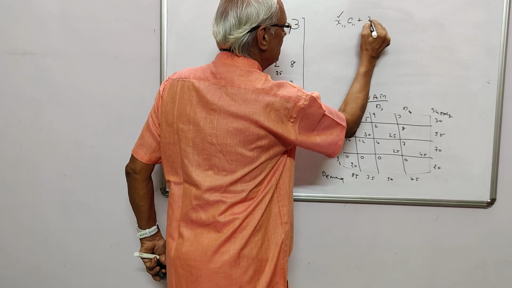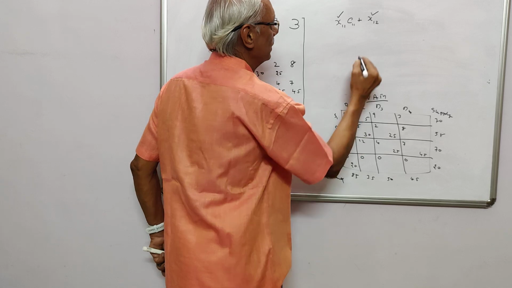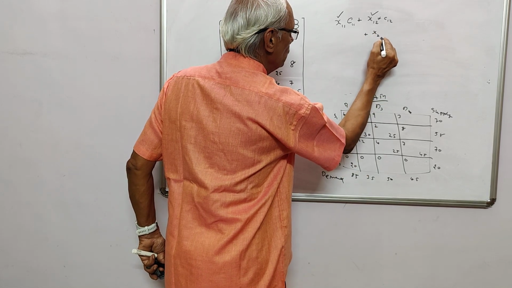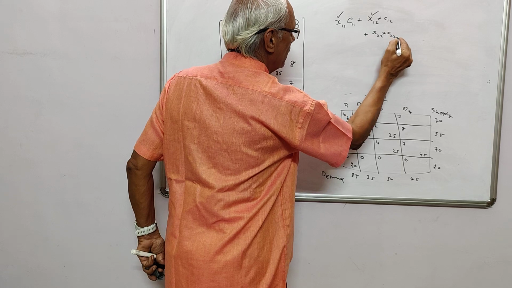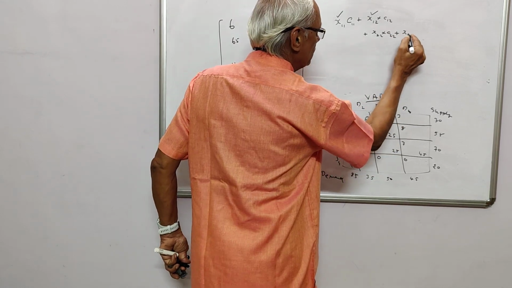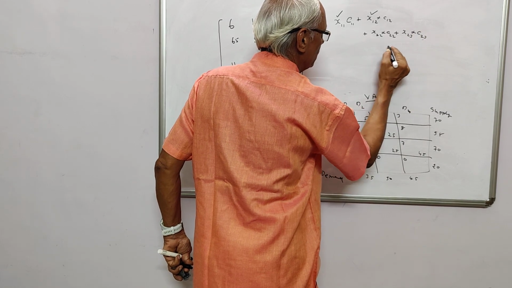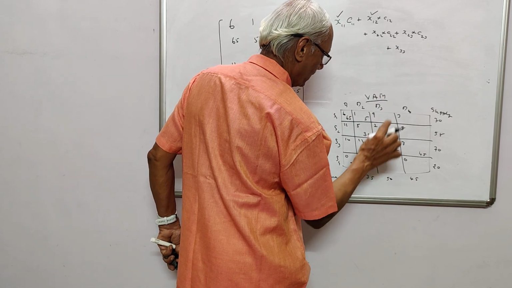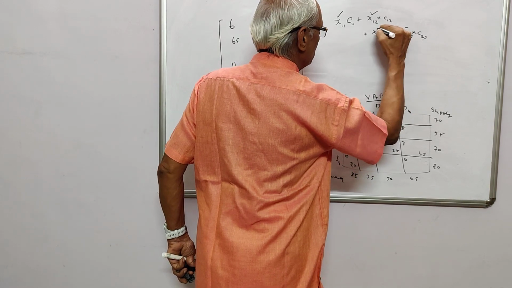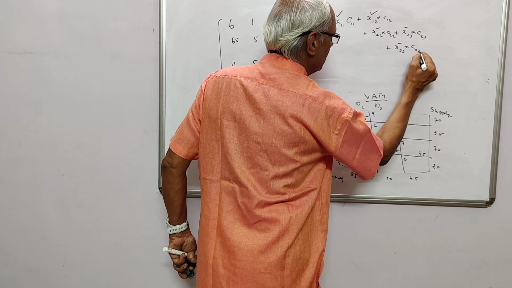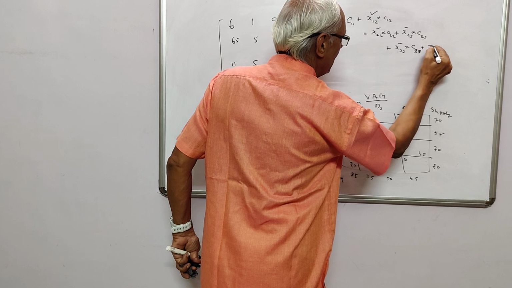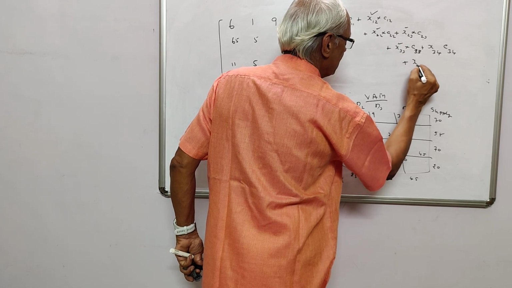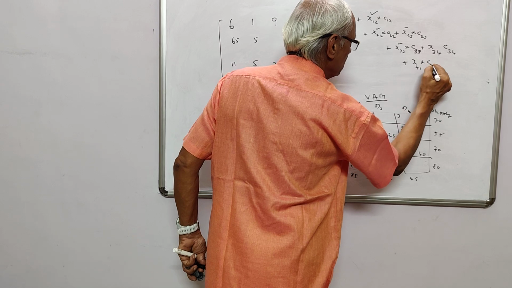Then x12 is a solution multiplied by C12 plus, x22 is a solution and the cost is C22 plus, x23 is a solution multiplied by C23 plus, then x33 into C33, then x34 into C34 plus x41 into C41.